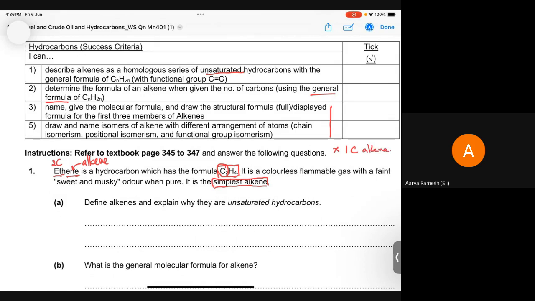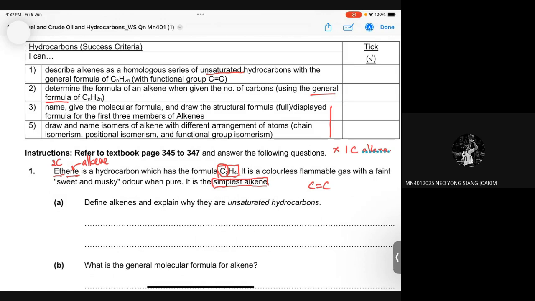Joachim, can you tell me why there is never a one carbon alkene? I don't know. Okay, think about it. What's the functional group of alkene? Carbon double bond carbon. Okay, carbon double bond carbon, right? So you realize in order for this to happen, carbon double bond carbon, how many carbons must you have minimally?